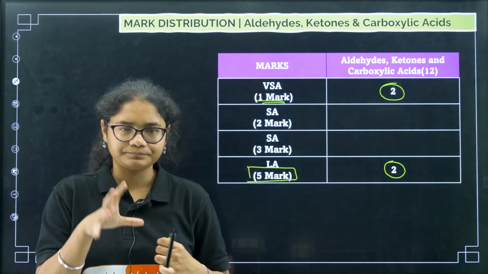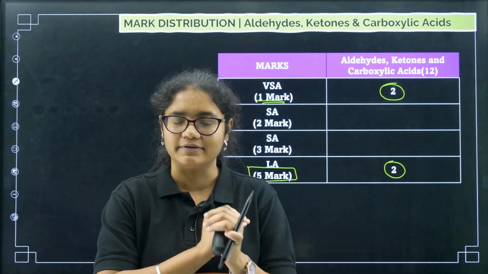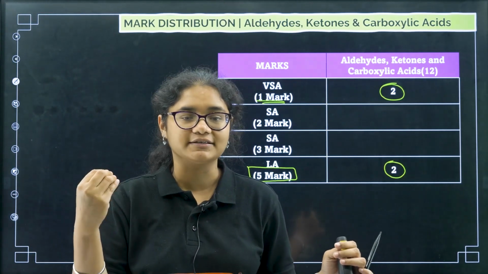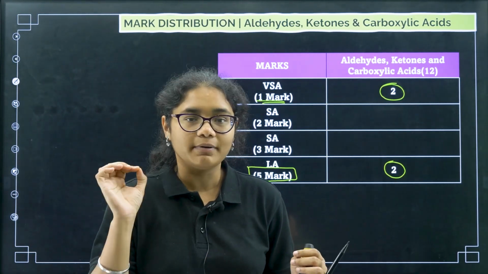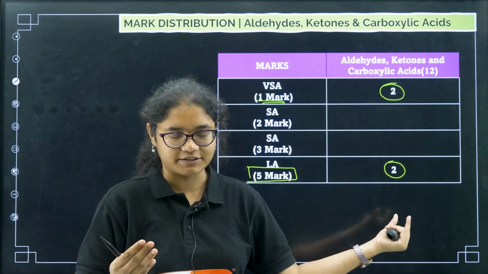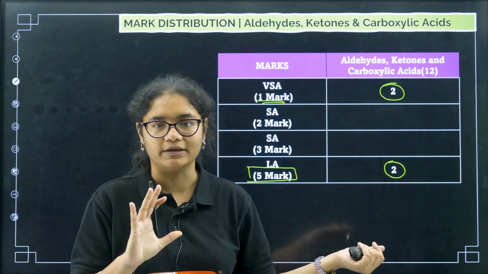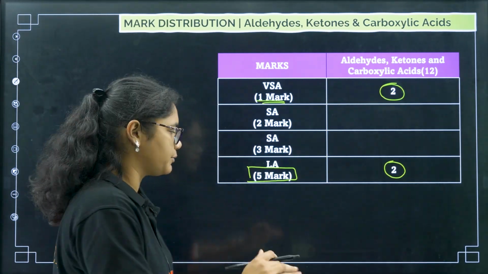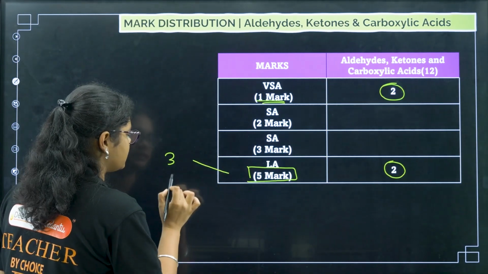Now students, I know this is a very lengthy chapter with a lot of name reactions and a lot of reactions. But because this chapter has 5 marker questions, it is very easy to score here. Maybe you will not score 5 out of 5, but the questions will generally be of the type 3 plus 2.